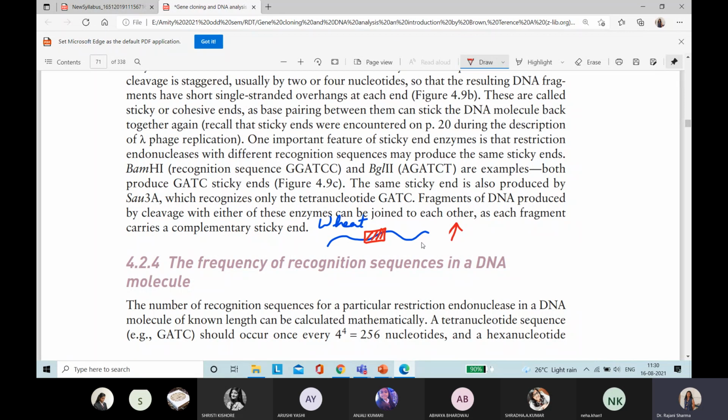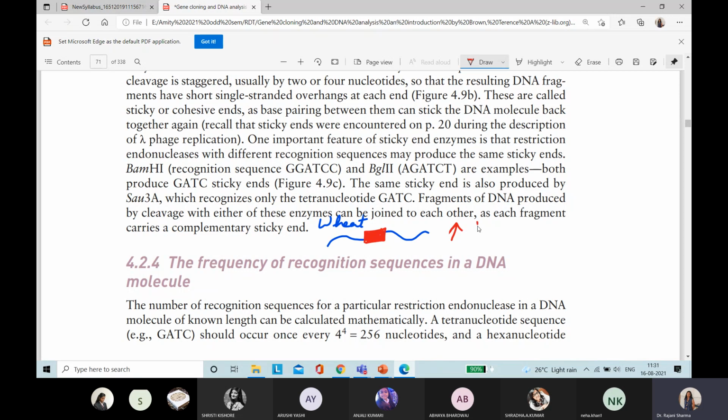Now here the challenge arises: how will you recognize at which site to insert? You have a desired gene, a desired protein sequence from some NCBI site or somewhere, or by using phylogenetic analysis you come to know that this is the gene sequence. If I insert it in the genome of the wheat, then the size of the seed will increase, which will contribute to its yield as well as its nutrition power. That's a very good concept.